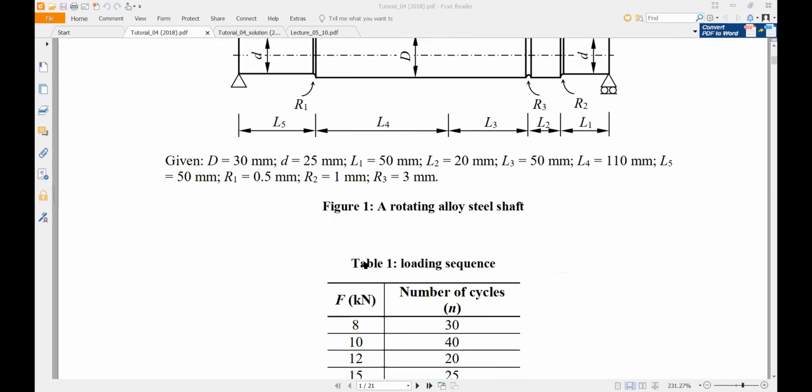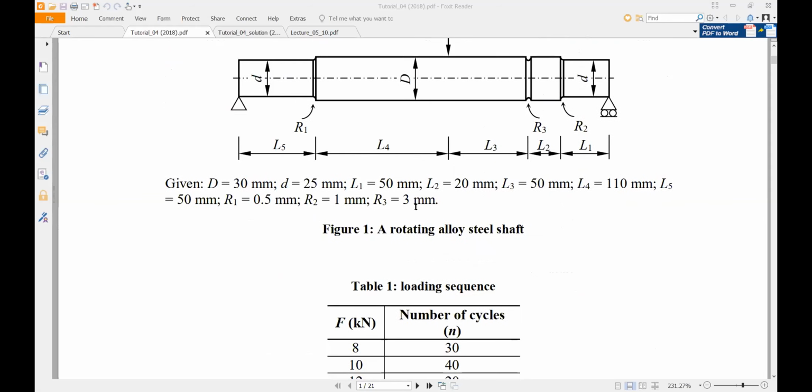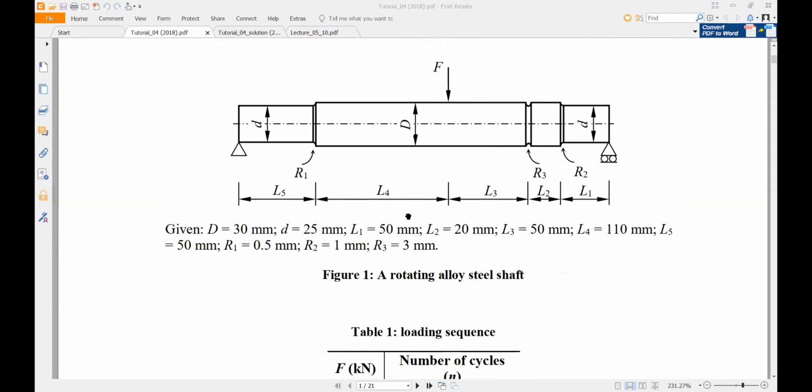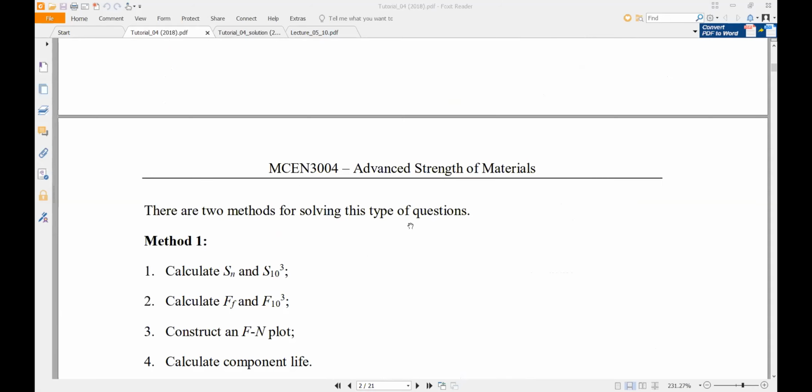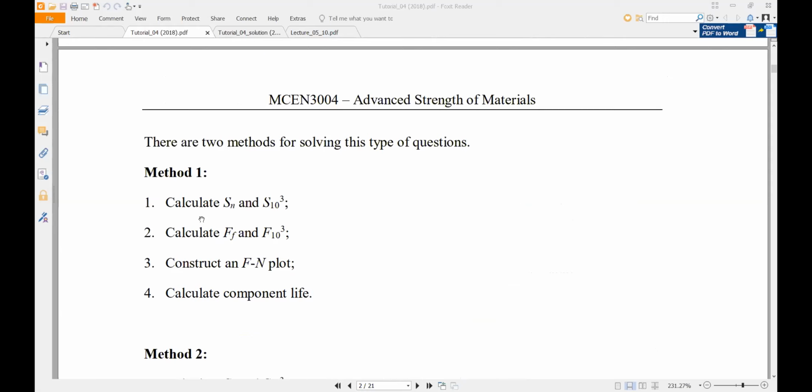So the very first thing you need to calculate is the Kf value, Kf and Kf dash. For that you need to find the Cs, Cd, Cl, and everything. There is a method where, rather than using strength, you can use the load value, the load at 10 to the power 3, because constructing the FN plot or the SN plot doesn't matter.